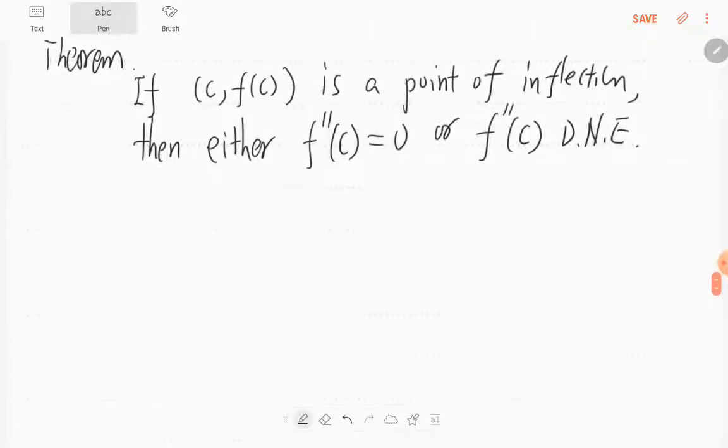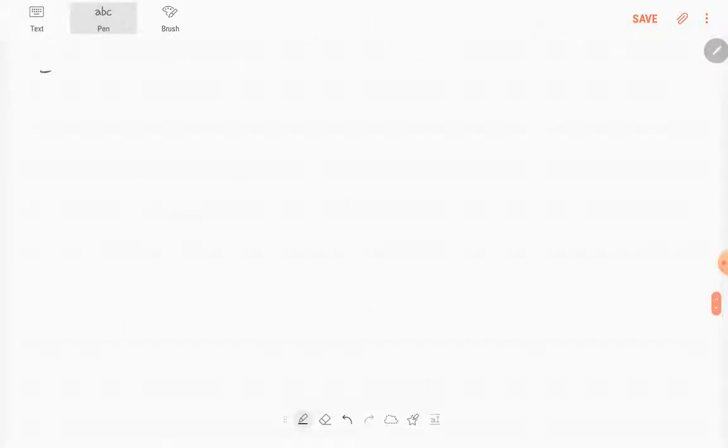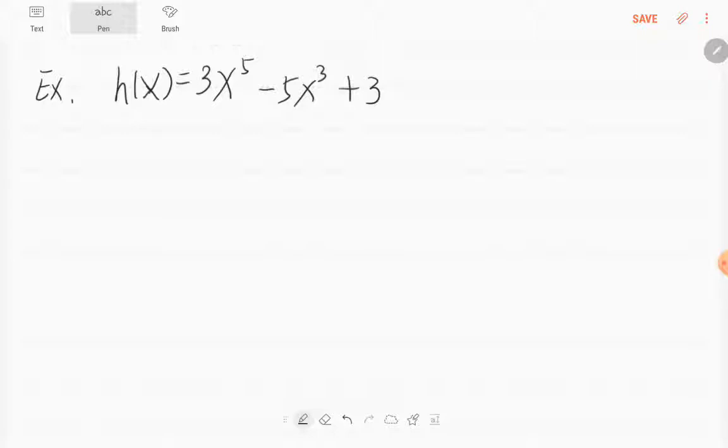So now let's look at an example. This is the function h of x equals 3x to the fifth minus 5x cubed plus 3. To find the inflection point, we have to look at the second derivative, so we have to compute the first derivative first.